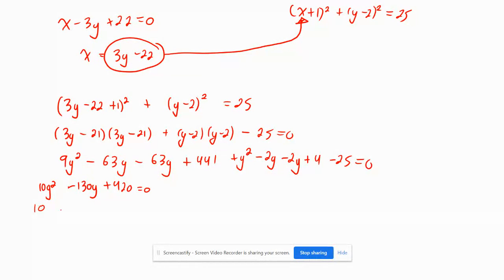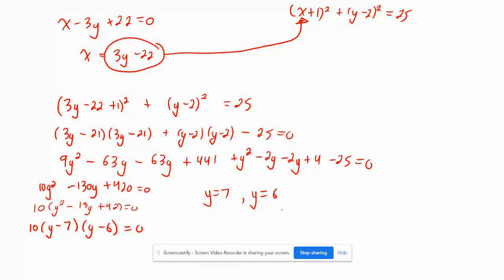And I'm just going to factor 10 out of this guy here, which factors to (y minus 7) times (y minus 6). So we know that y equals 7, and we know that y equals 6.